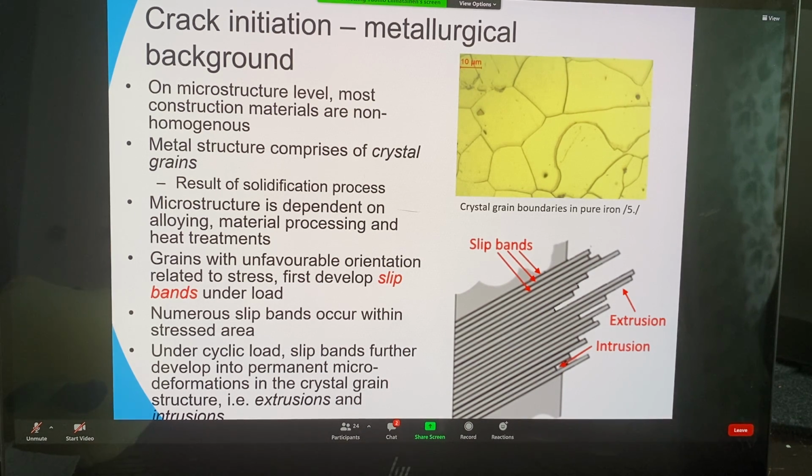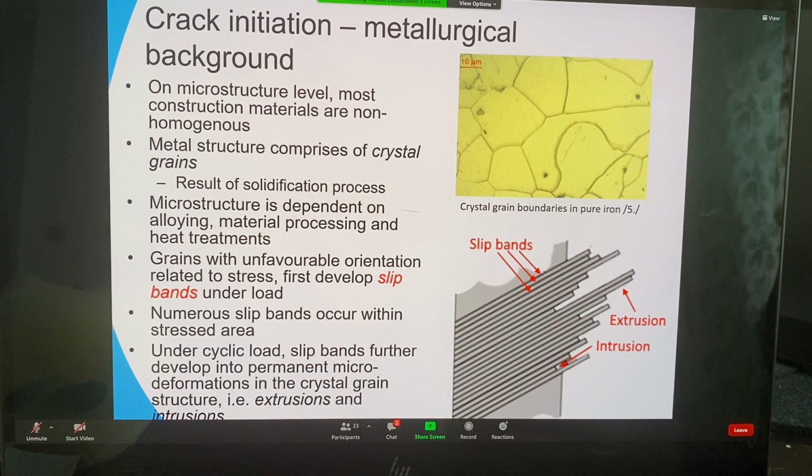In the right-hand side picture, there's a microscope picture of pure iron, and there you can see these grains which have certain boundaries, and the formation is more or less arbitrary.